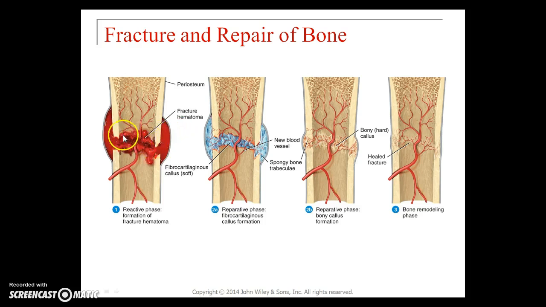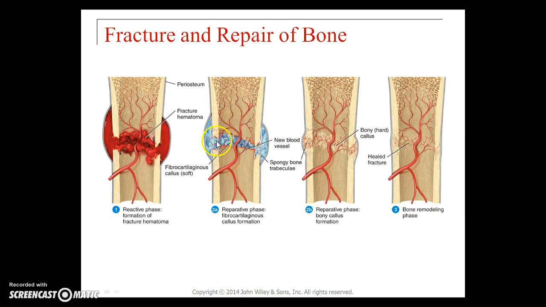But you can see that a lot of blood collects around the broken area because the blood vessel has been broken. So there's a fracture hematoma, a lot of blood there. And then you can see that the epithelial tissue of the blood vessel grows back fairly quickly and closes, and the blood vessel is repaired.